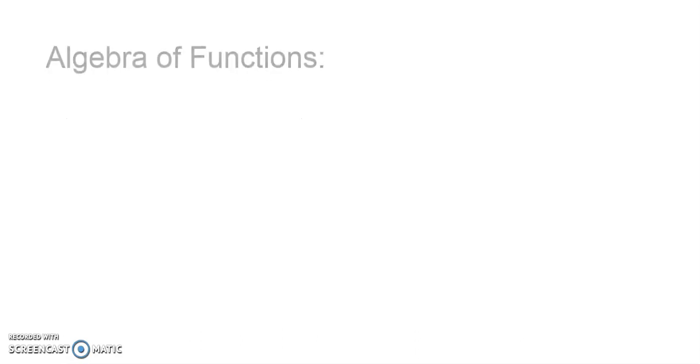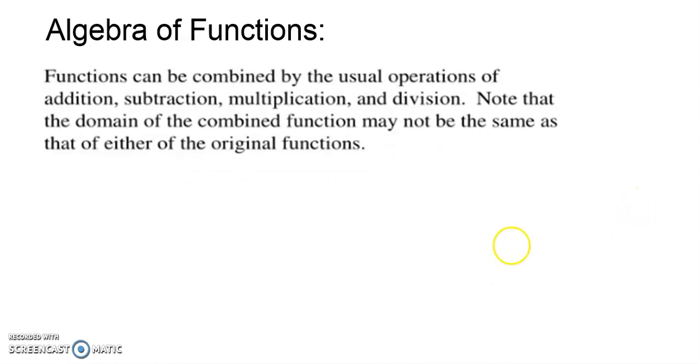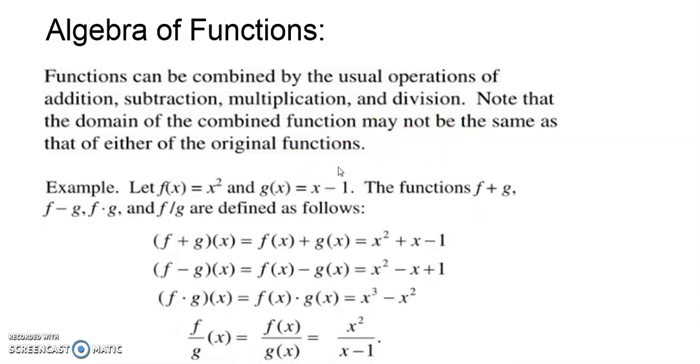Now, let's study what is algebra of function. Functions can be combined by the usual operations of addition, subtraction, multiplication, and division. Note that the domain of the combined function may not be the same as that of either of the original functions. I'm taking a few examples. f of x is the first function and g of x is the other function.